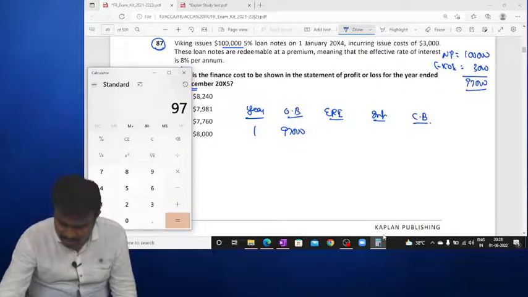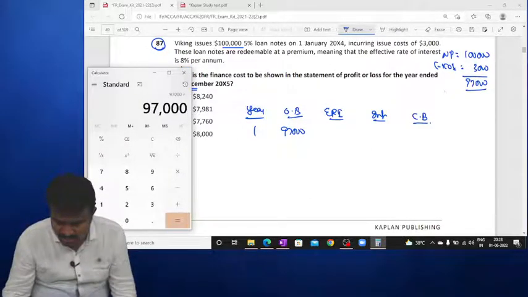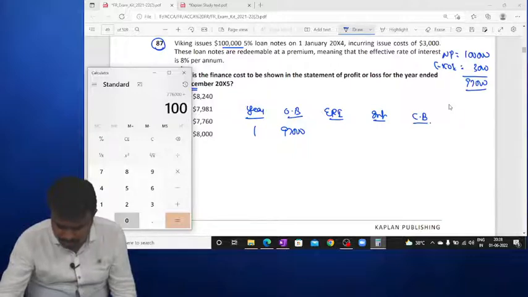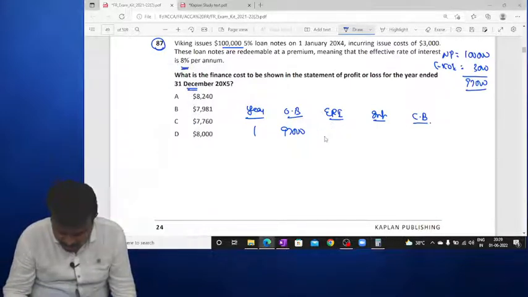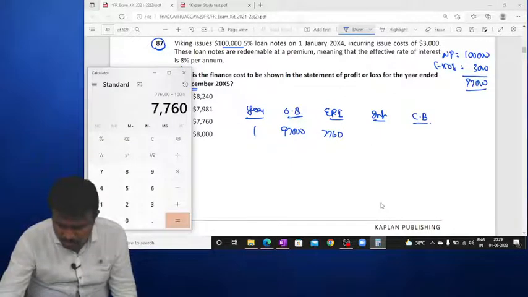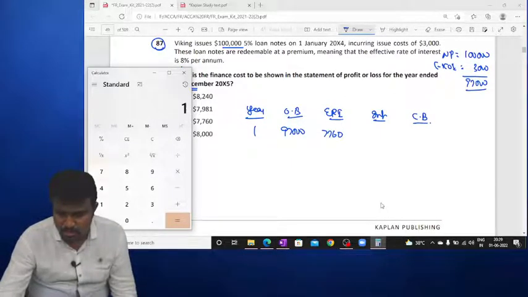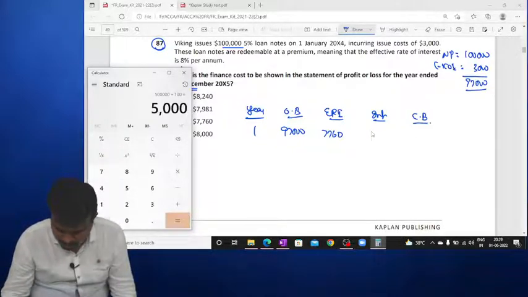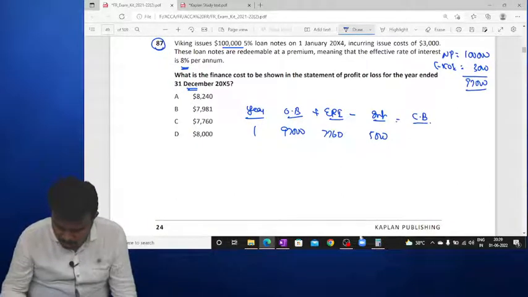So 97,000 into the effective rate of 8% equals 7,760. The coupon rate is always applied on the opening balance, so 1 lakh into 5% equals 5,000. Then the closing balance is 97,000 plus 7,760 minus 5,000, which equals 99,760.